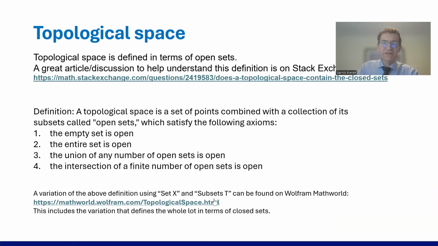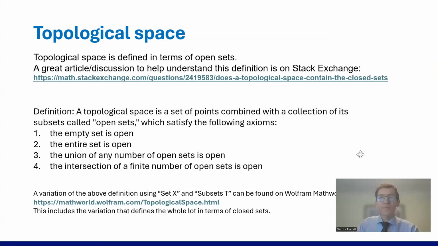Where I've got set X and subsets T, here in the definition, what they've said is a topological space is a set X consisting of a collection of its subsets T, so that might be better for you in understanding, that X belongs to that T, and so on. It's still saying the same thing, but just a different way of expressing it that might help you. So two things there that I think would be helpful for you to look through.